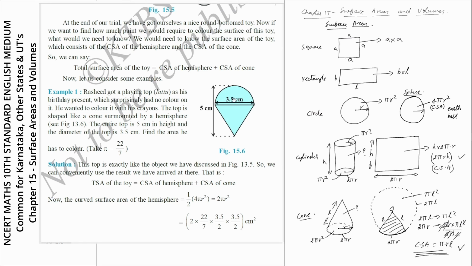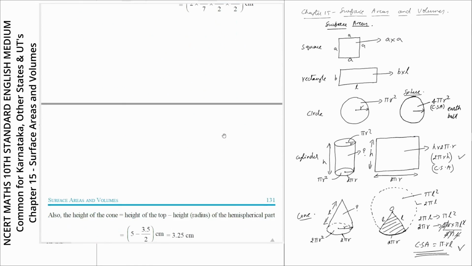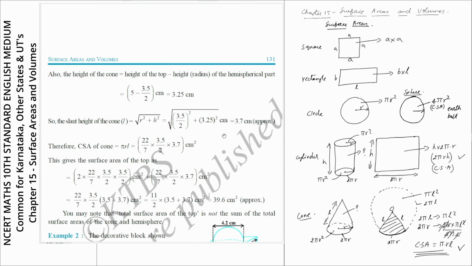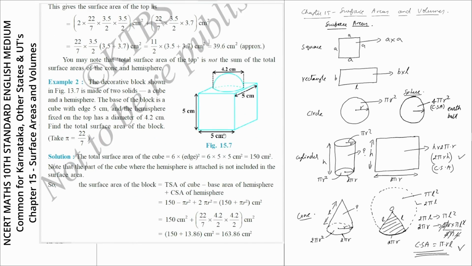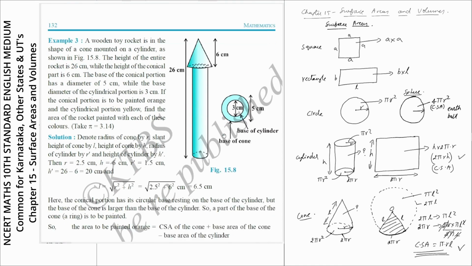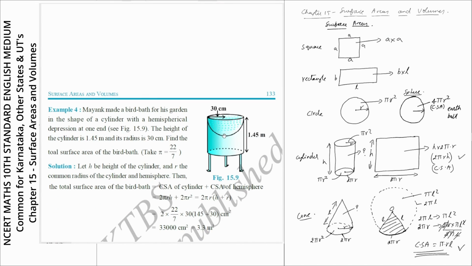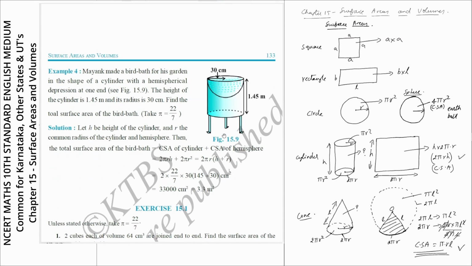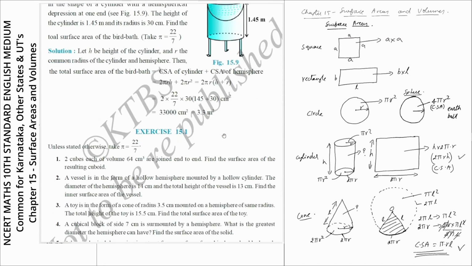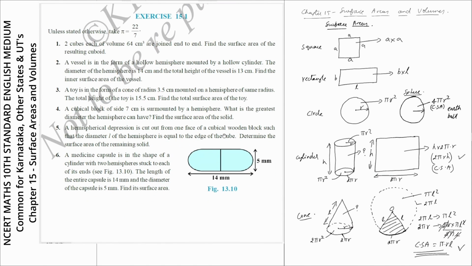When I add these two curved surface areas, I will get the total area of the playing top. All these are easy problems, all are self-explanatory. You should make a habit of reading the maths textbook also. When you go to higher studies, it will be very helpful. Even if you miss some class, you will be able to study on your own and understand.